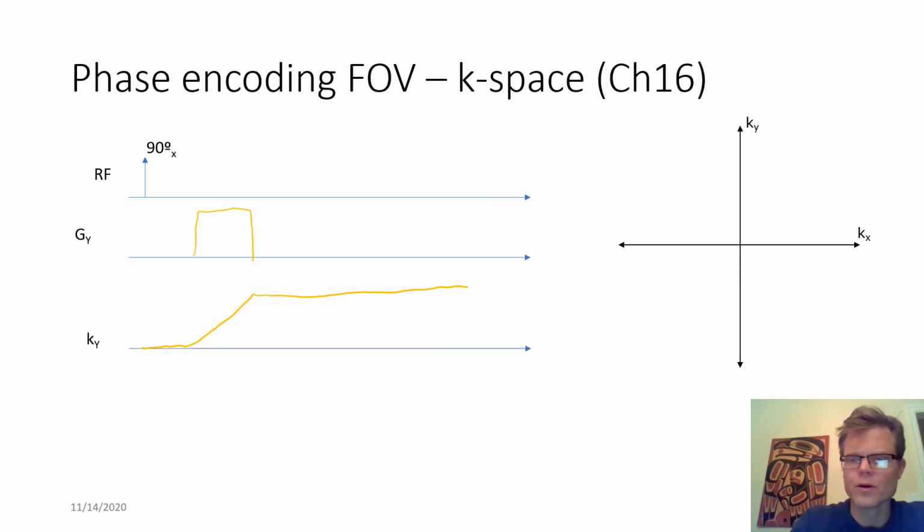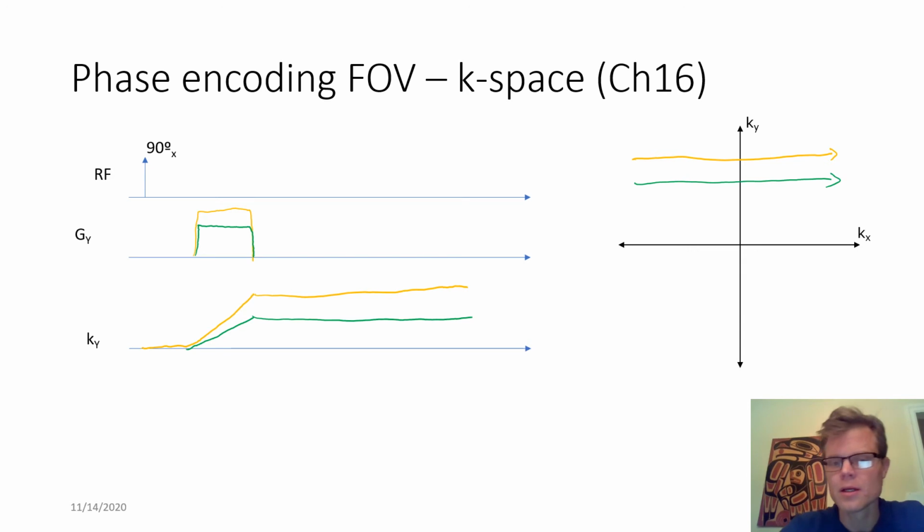For example, we would acquire that one line in k-space. Then we have the next step of our experiment where we change the phase encoding gradient amplitude. In the k-space perspective, we don't travel quite as far in k-space, and we acquire this next line in ky.